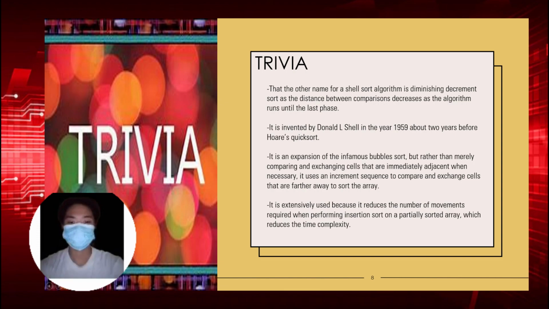Trivia of shell sort. The other name for shell sort algorithm is diminishing decrement sort, as the distance between comparisons decreases as the algorithm runs until the last phase. It was invented by Donald L. Shell in the year 1959, about 2 years before quicksort.